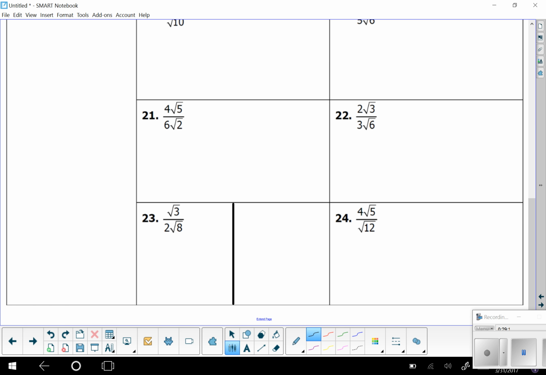You choose. You can either break this down, or you can multiply it the way it is. So here's the first one. You can multiply by the square root of 8, and that equals over 2 square root of 8.